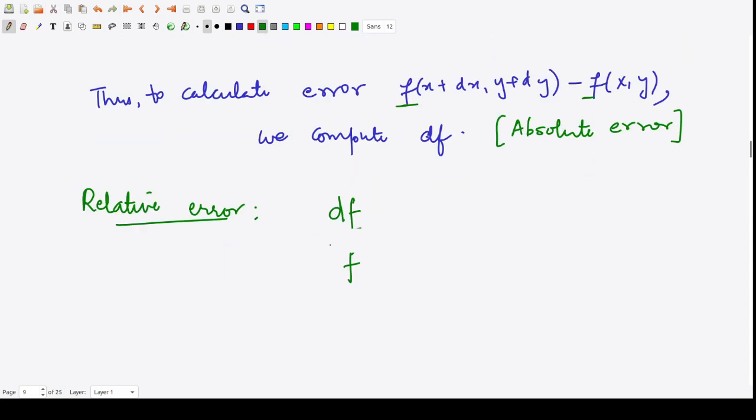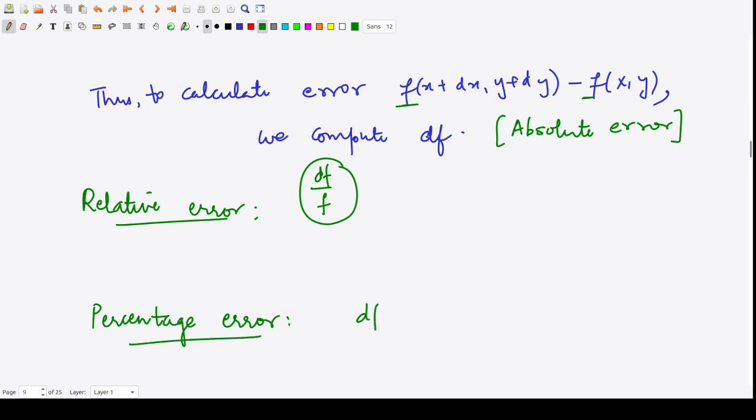So it is df by f, this is the relative error. And if you wanted to calculate the percentage error, that would be this relative error multiplied by 100.